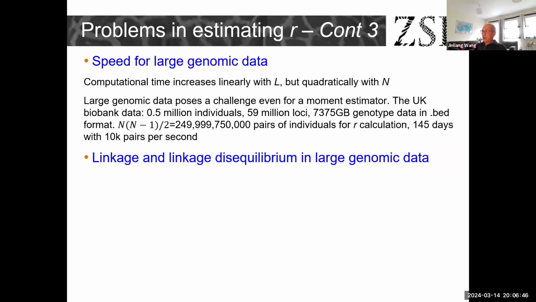So the most important thing is, we have 249 billion pairs of individuals for relatedness calculation. So even if you can calculate and output 10,000 pairs of relatedness per second, you still need 145 days to do the calculation. One solution is to do parallel computation.